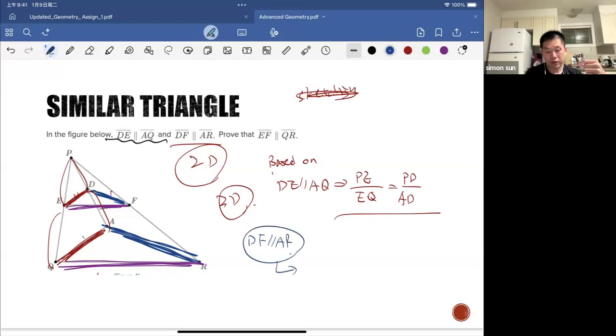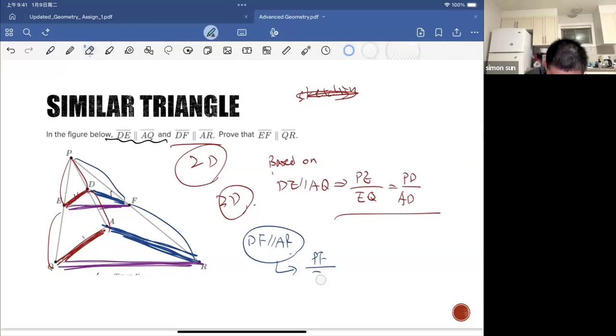Look at here. Now on the right part, we have one line parallel to the base. So the two other sides will still be divided into the same ratio. So what we have right now is PF over FR will be equal to PD over DA, right?